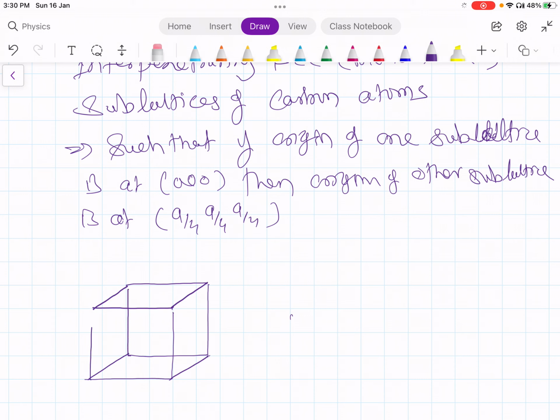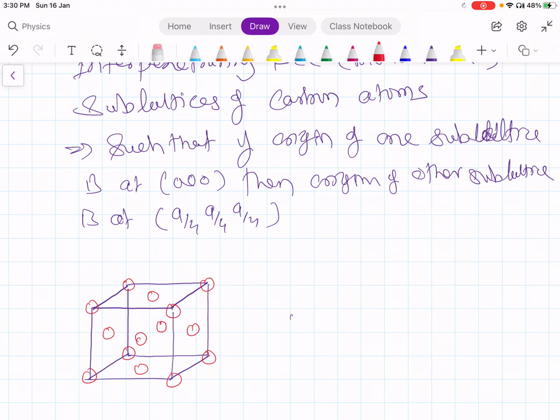In this FCC monoatomic sublattice, there are 8 carbon atoms at the 8 corners, and there are 6 face center atoms. This is the front surface, this is the backside surface. So this is one sublattice.